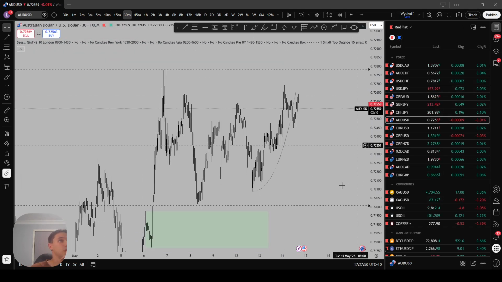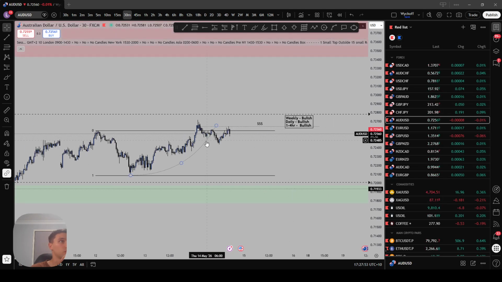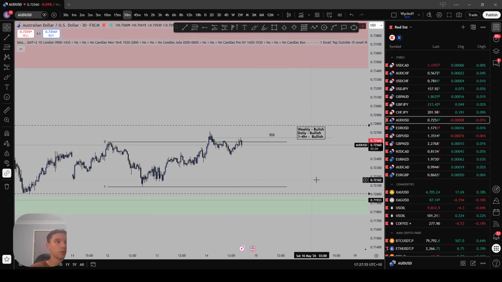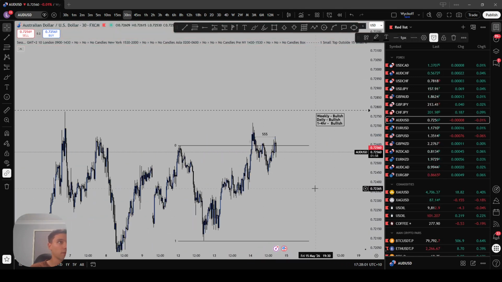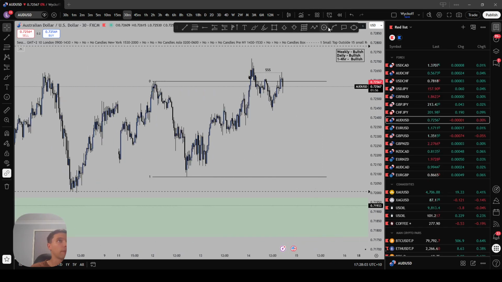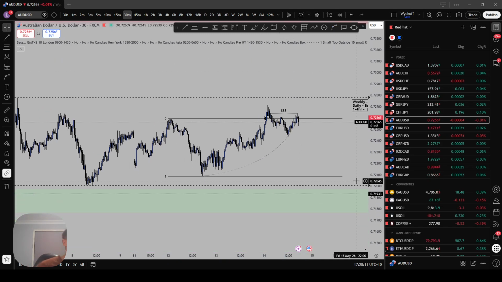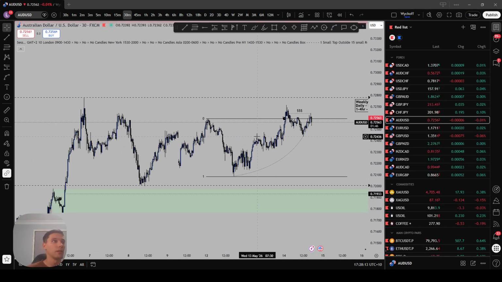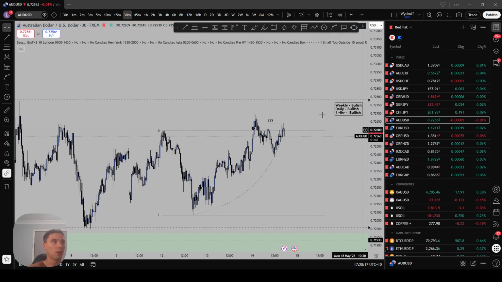AUD USD. Slowly making our way to... Oh, we've actually just swept this liquidity. Ever so slightly. It is a bit too market structure like, and obviously we are quite bullish at the moment.